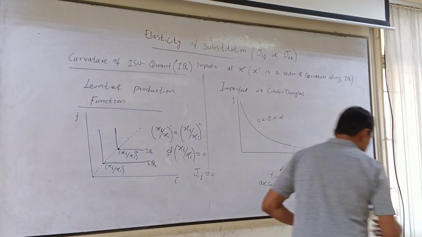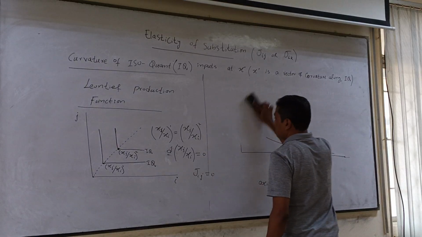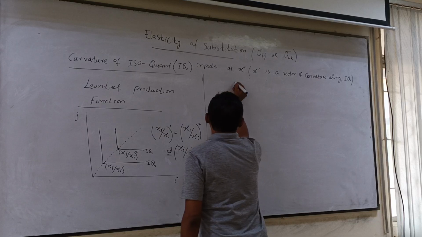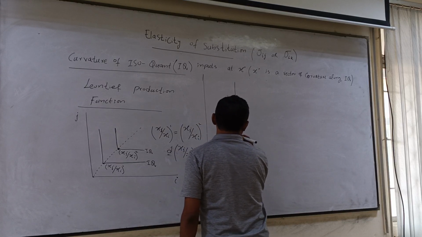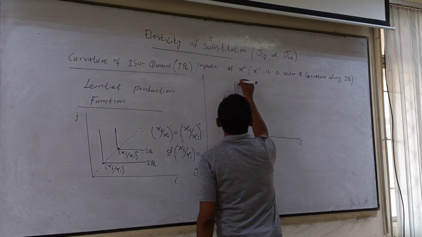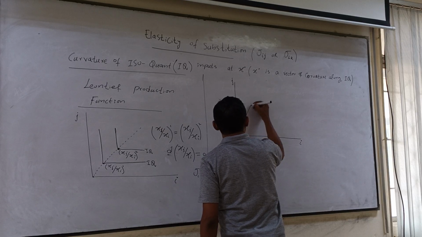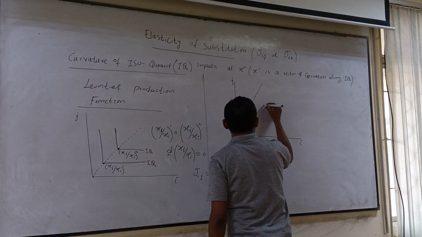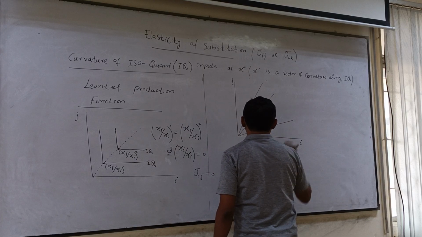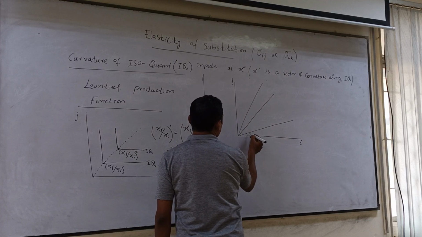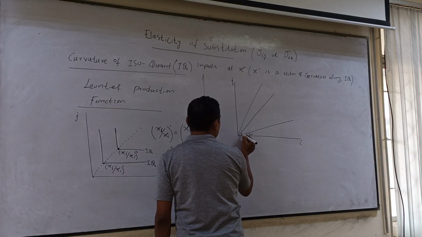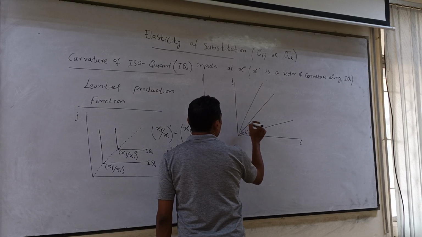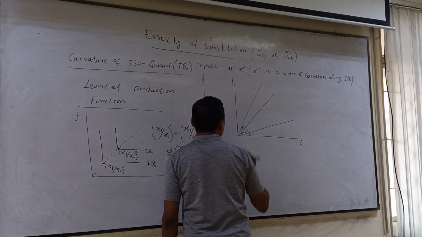Let's say, look, now the angle of this one, assume 30 degrees. For example, it is 45 degrees, and this angle is greater than 45, for example assume 60 degrees.